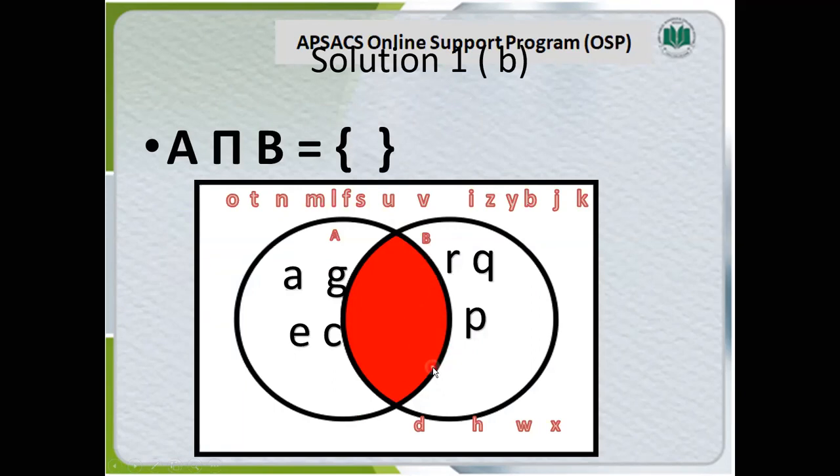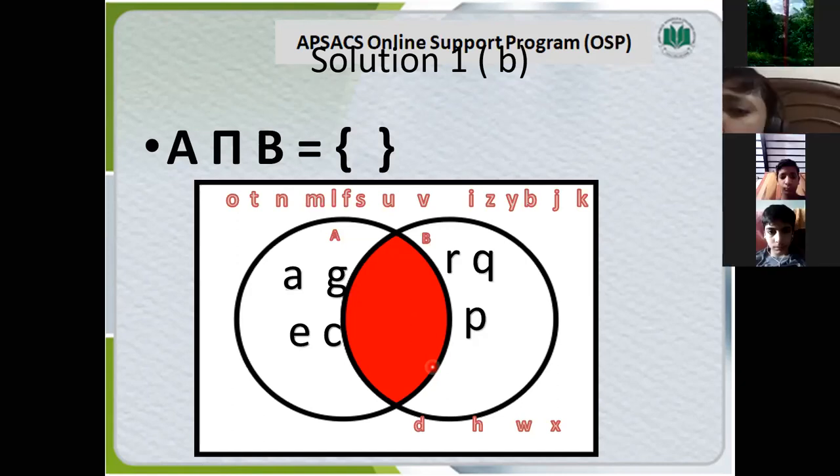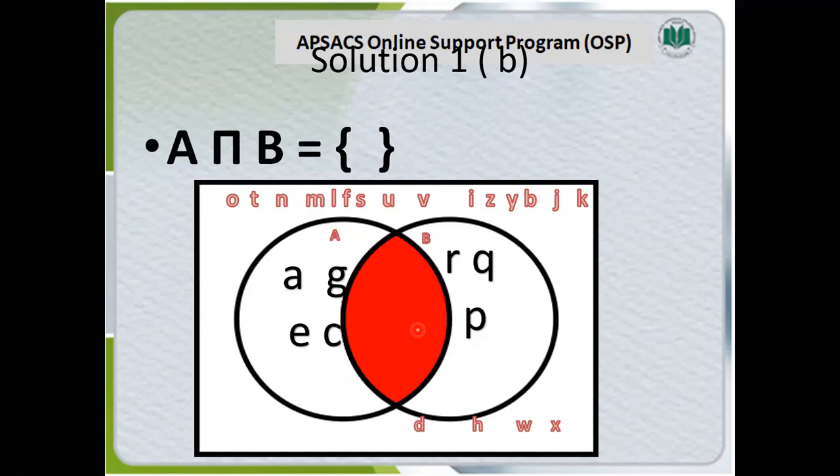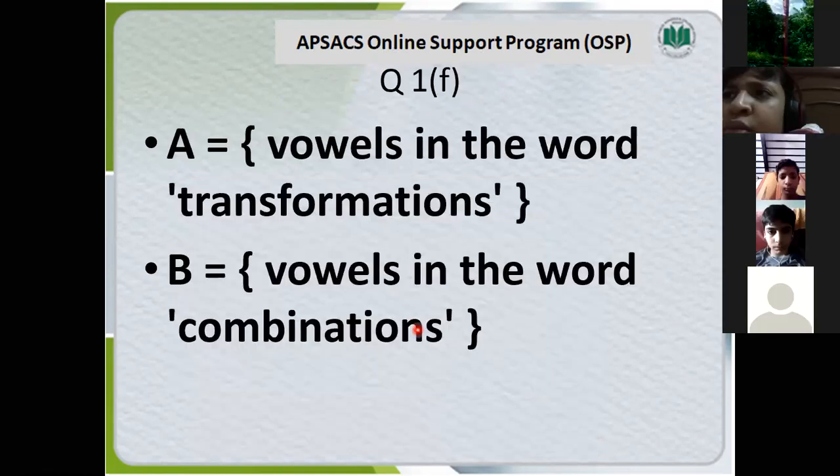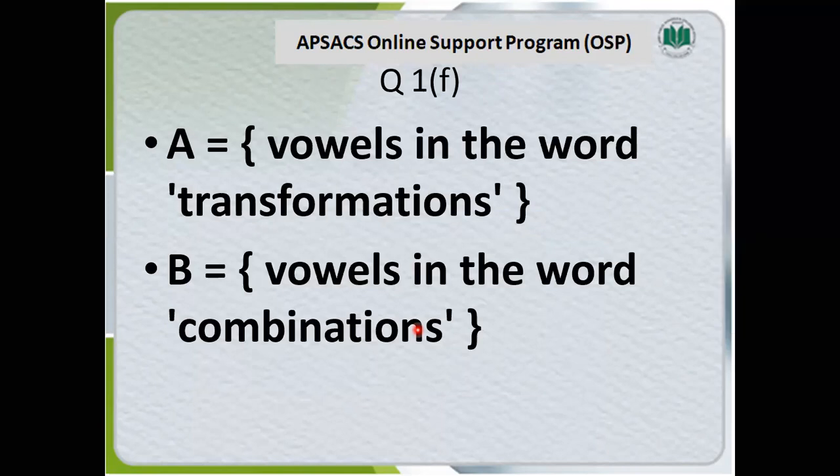Clear or not clear? Clear, ma'am. Can I move forward, beta? Yes, ma'am.